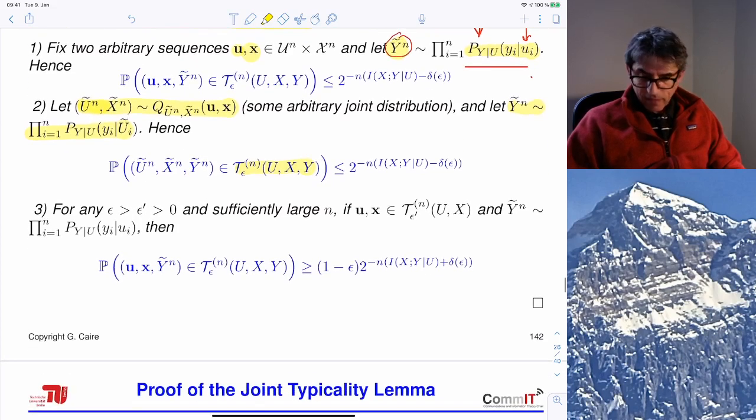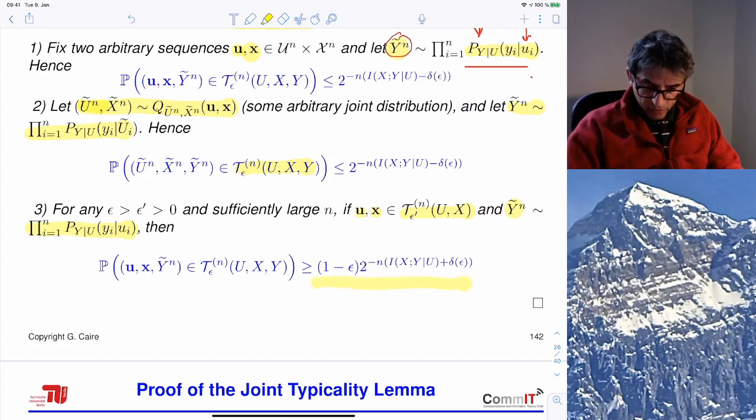And finally, the last statement says that if I now pick epsilon and epsilon prime in this order, epsilon greater than epsilon prime greater than 0, and sufficiently large n, if u and x are jointly epsilon prime typical, and I generate y tilde according to this product distribution conditioned on u, then the probability that u, x, and y tilde are jointly typical is lower bounded by a term that is very similar to the upper bound.